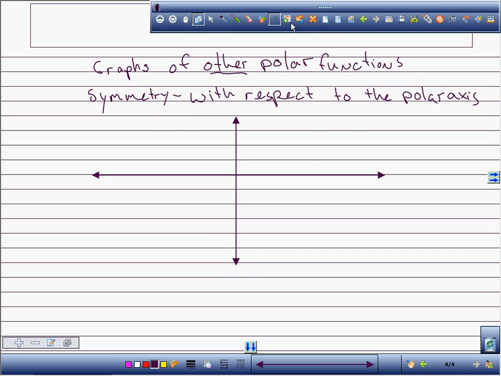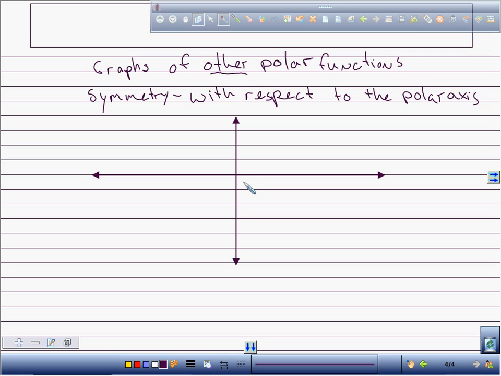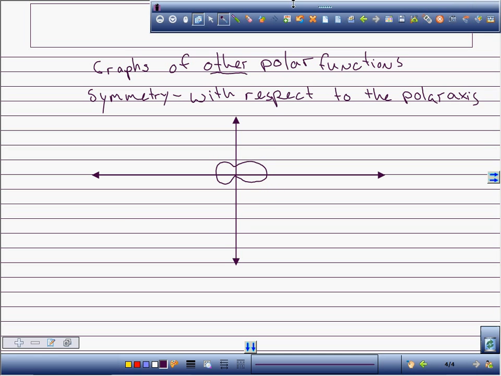So if you have something that has symmetry with respect to the polar axis, I'm going to try to draw a shape, but I don't know how well I'll do. Maybe a cardioid shape.